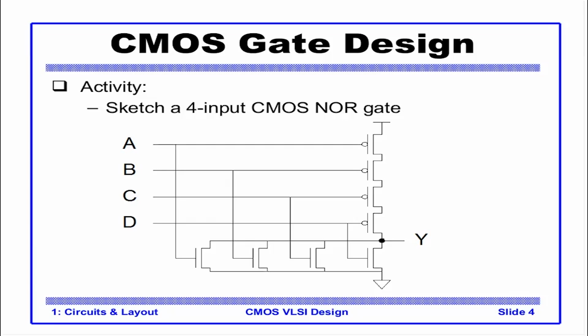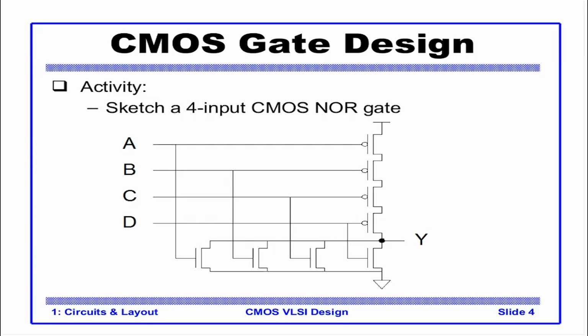The Y here will be connected to this source. The convention says that whatever is at higher voltage shall be called the source. We'll call this point the source of these transistors. So Y is connected to the source of all the NMOS, and the drain of all the PMOS. In this way, you could construct simple gates with as many inputs as you want.